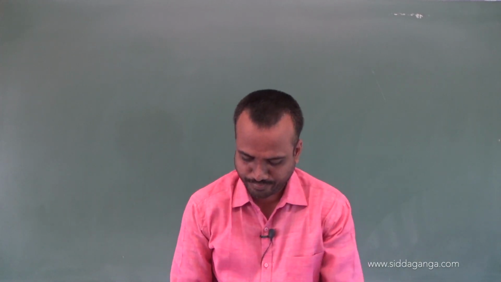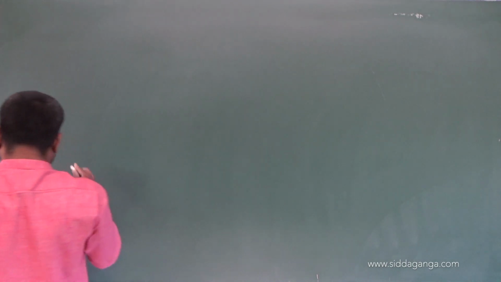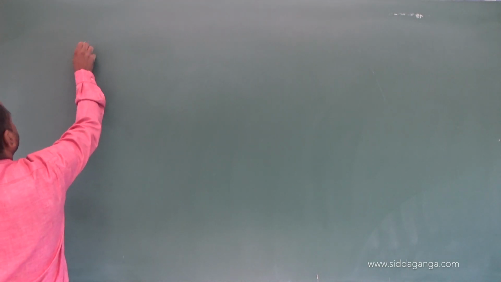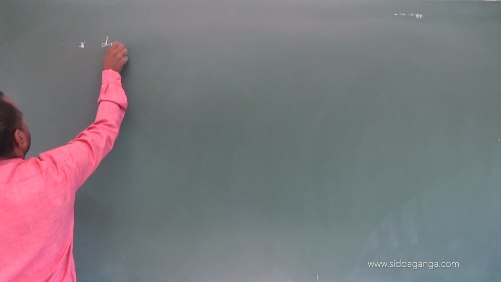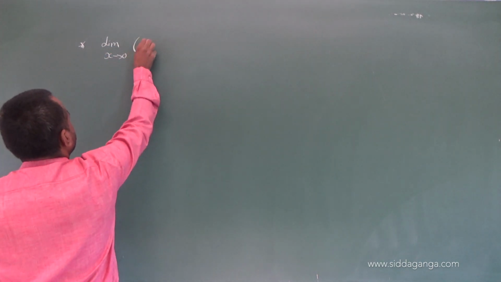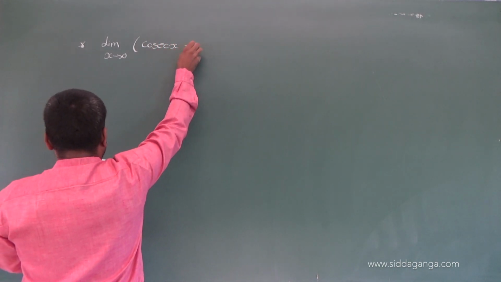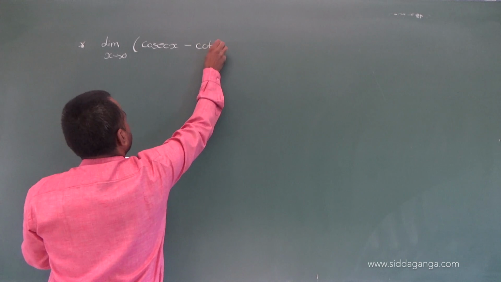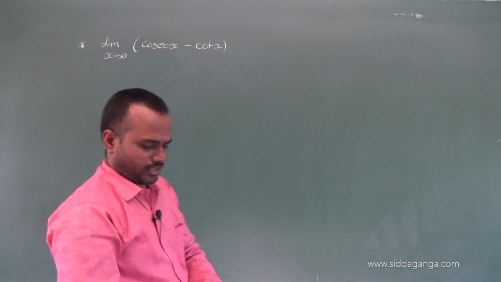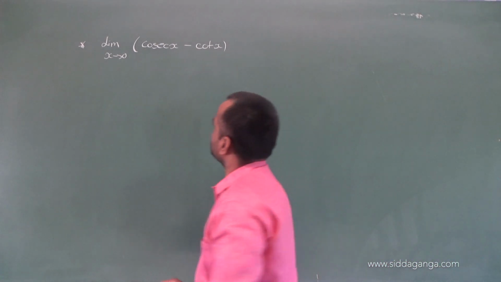Next problem. Limit x tends to 0, cosecant x minus cot x.